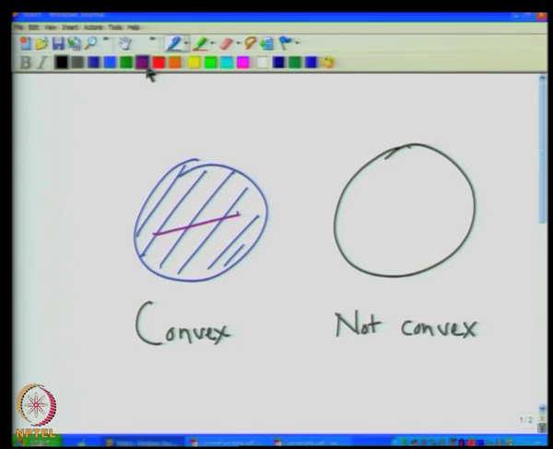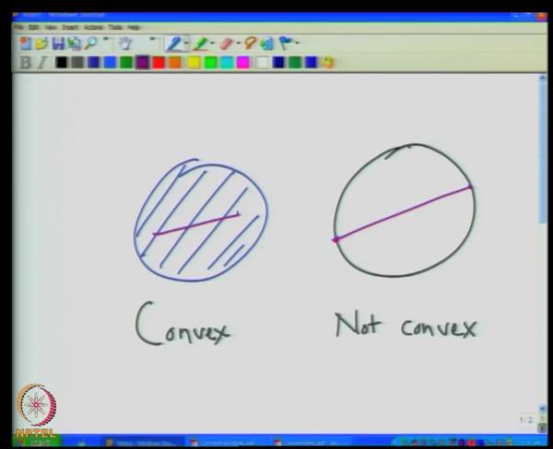For example, in the set on the right side, if you take a line joining these 2 points, you will see that only the end points of that line segment lie within the set, while the interior of that line segment does not lie within the set. So it is important that any line segment joining any 2 points of the set should lie entirely within the set.